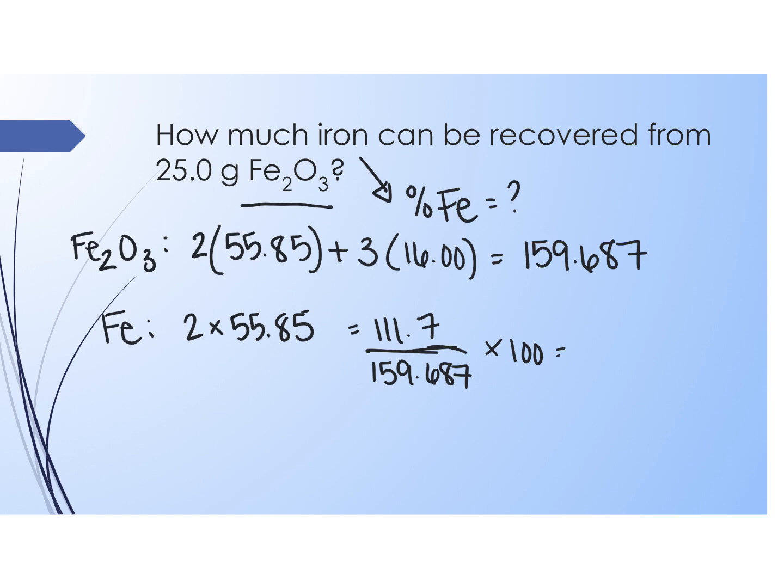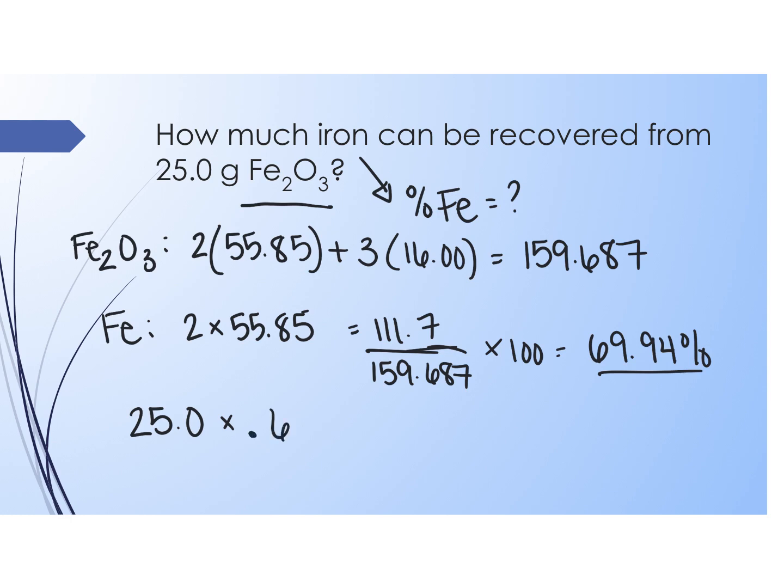What are we getting? 69.94%. Do y'all agree? Okay, so now that we know the percent of iron, we can just multiply it by that 25.0 grams. So we know iron is going to be 69.94% of 25. What do you have to do to your percent before you multiply it? Okay, and how do you turn it back into a decimal?